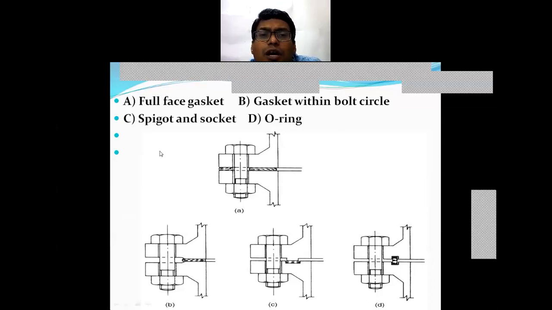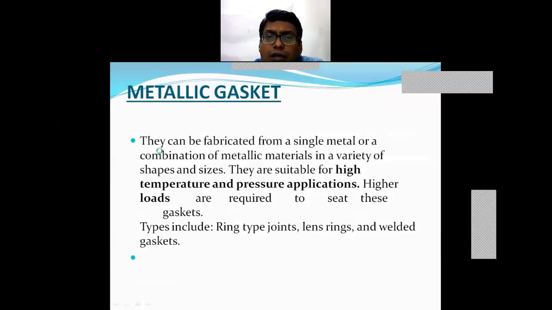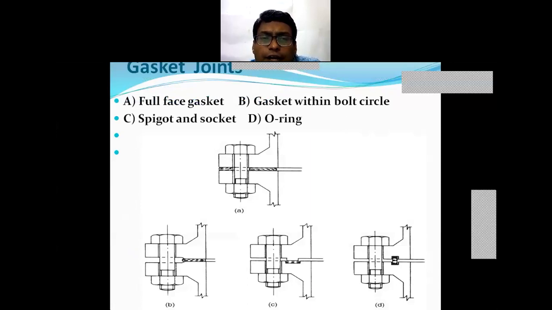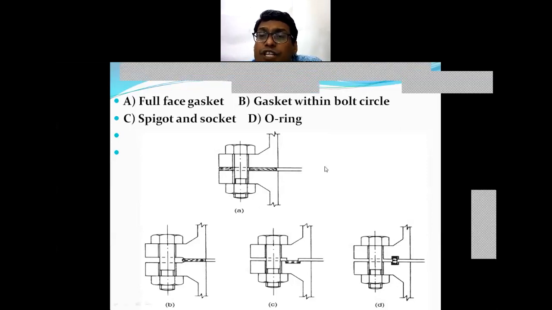Then coming to the gasket joints. These gaskets can be of a full face gasket, then gasket within the bolt circle, the gaskets with a spigot and socket arrangement, or you can say the tongue and groove arrangement, and the O-ring. The first figure corresponds to the full face gasket.